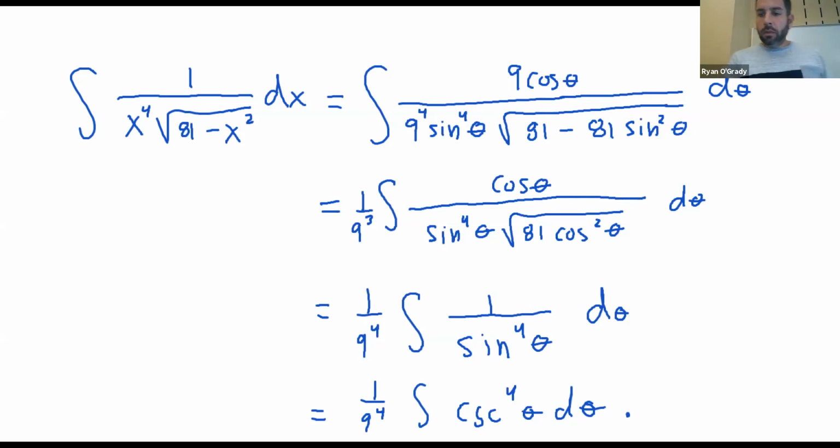So let's reset this problem in a sense that what we really need to know now is, how do we integrate cosecant to the fourth power?